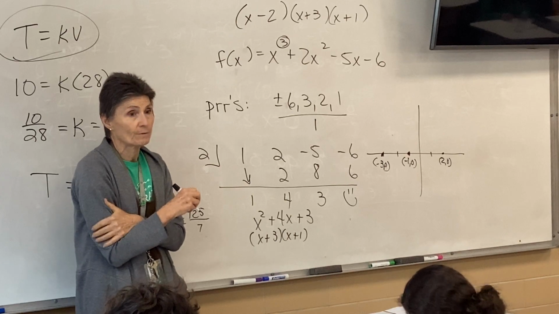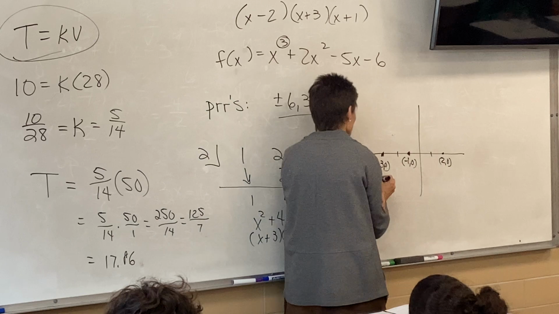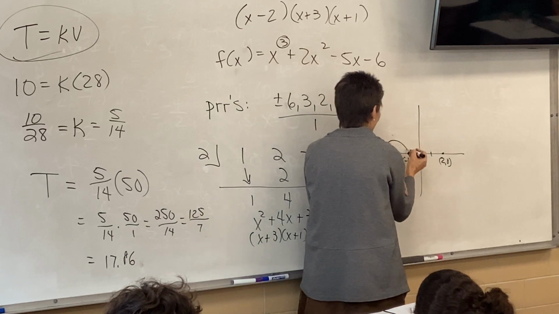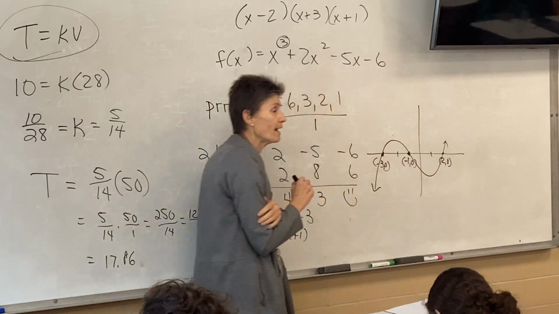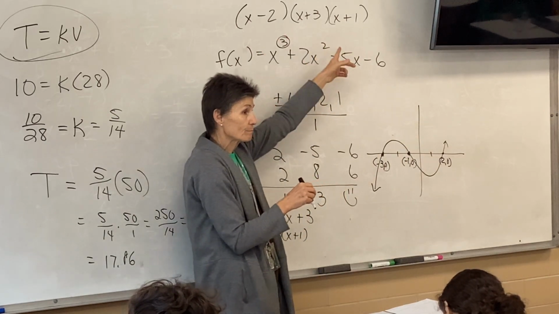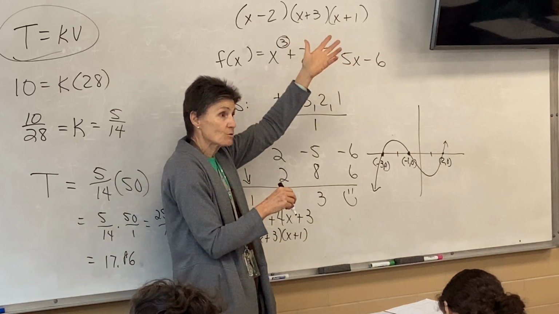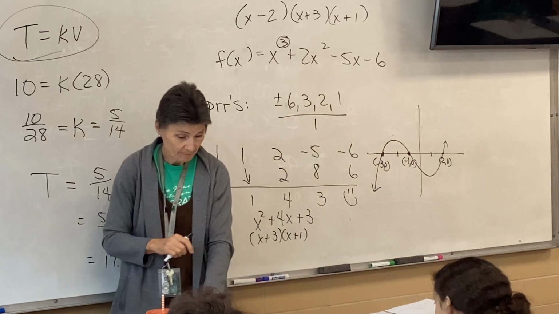Where do I start? Bottom. It's a cube. Cube starts at the bottom. No bouncing going on, because the only way I could have a bounce is if I had these repeated, like if I had 2x plus 1s or something. I don't. So that's my picture.